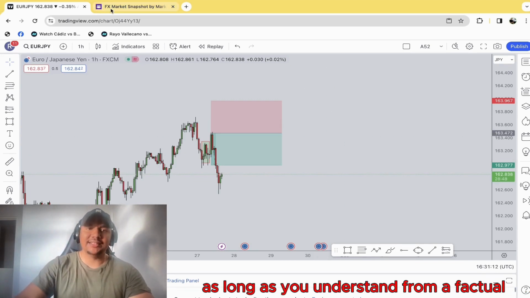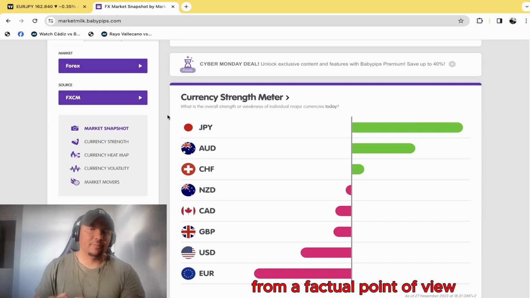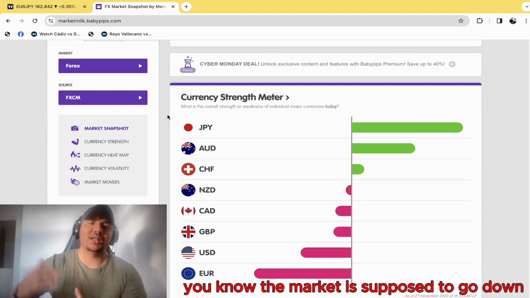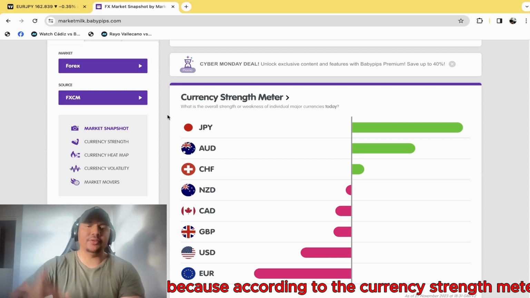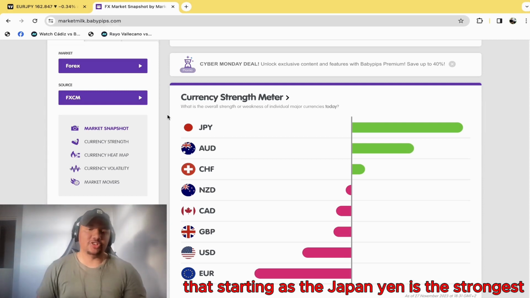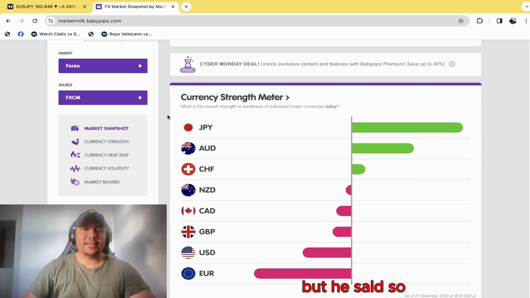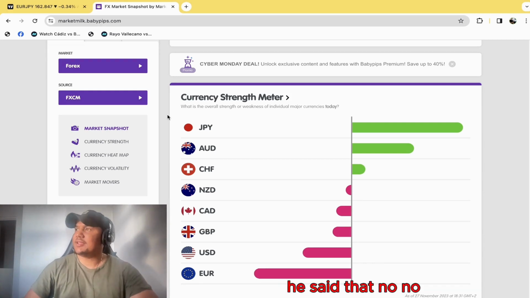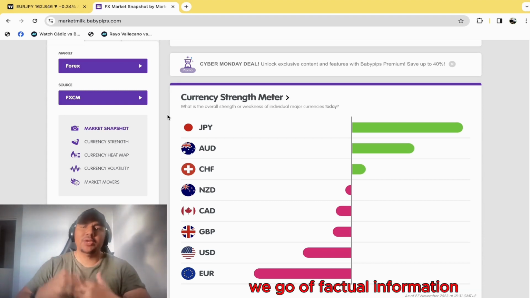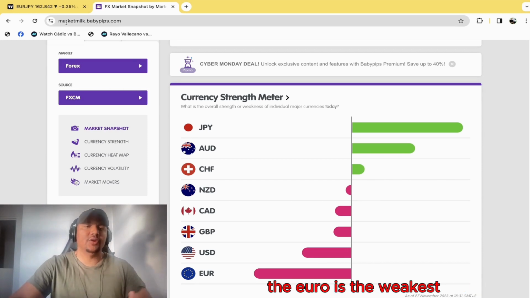As long as you understand from a factual point of view, you know the market is supposed to go down because according to the currency strength meter, the Japan yen is the strongest and the euro is the weakest. We go off factual information. The facts is the Japan yen is strong, the euro is the weakest.